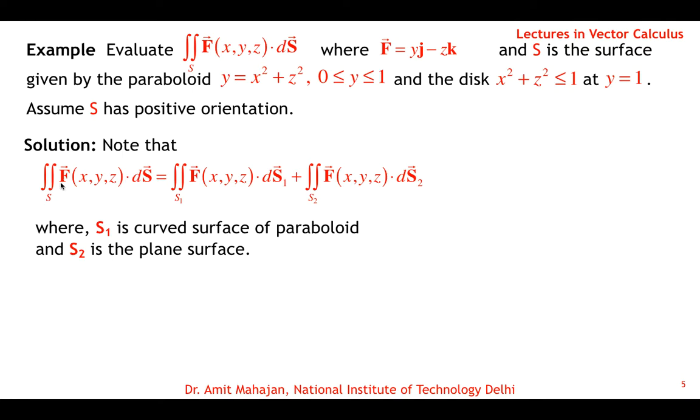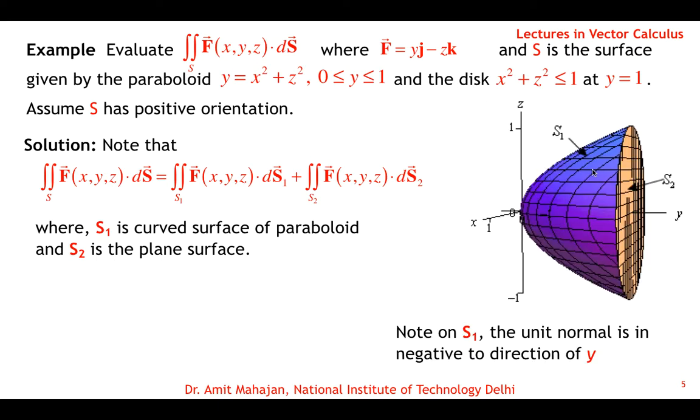Note that in this case the double integral, or the flux through the surface, will be the sum of two, because there are two surfaces, one the paraboloid and the other the disk. If you look at the geometry, you have one paraboloid surface, which is y equals x square plus z square with y from 0 to 1, and there is a y equals 1 plane which cuts this, so there is another surface S2.